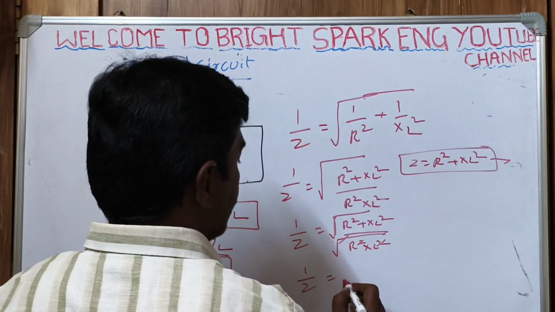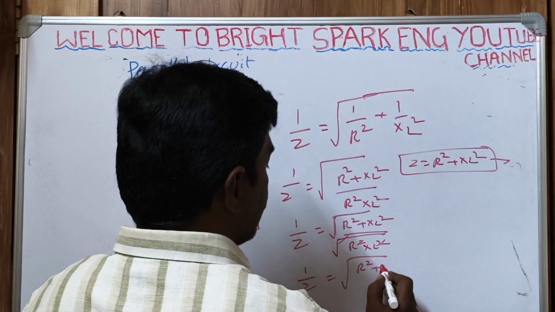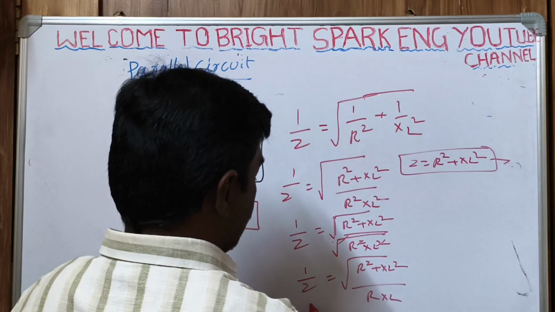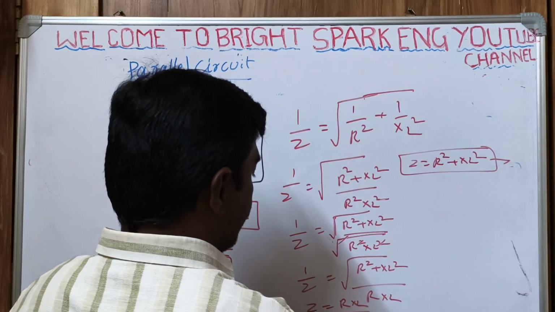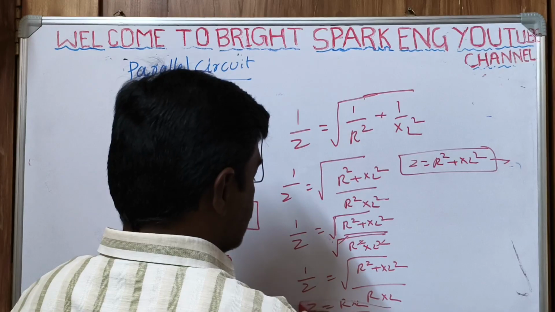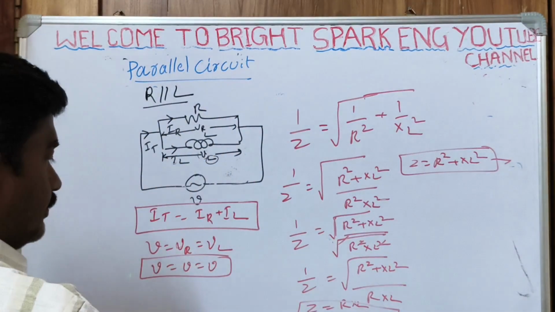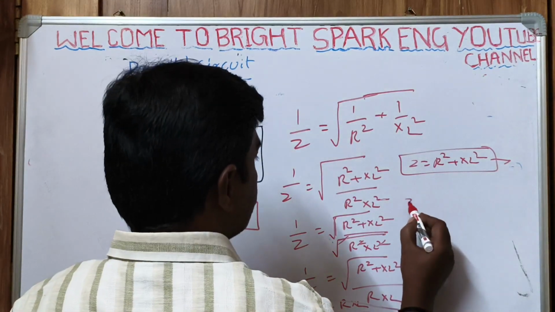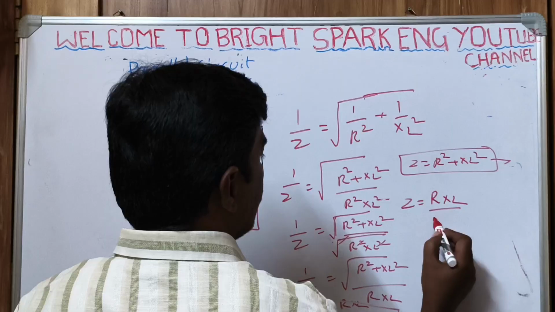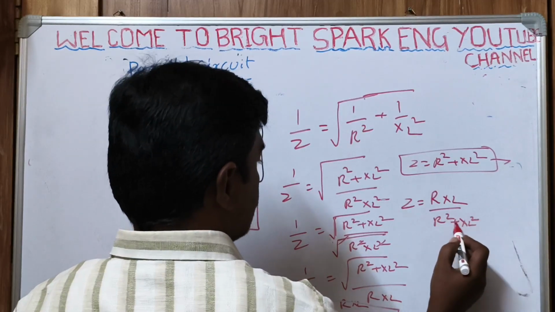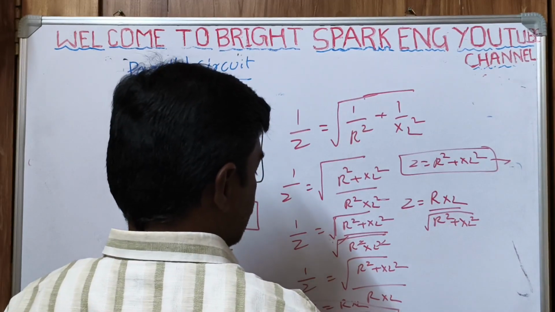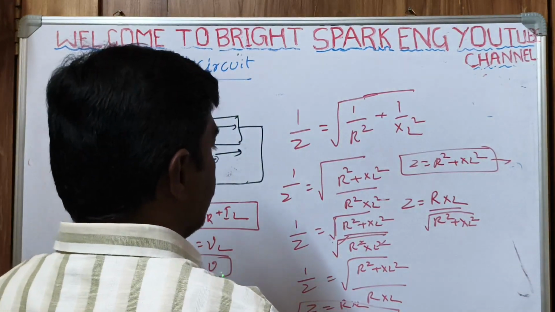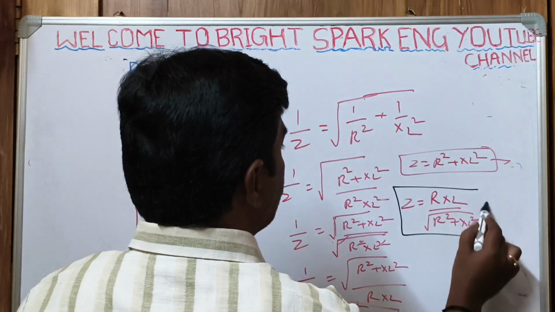Then 1 by Z is the square root of R square plus XL square by R XL. So Z is R XL by the square root of R square plus XL square. This is the total impedance formula.